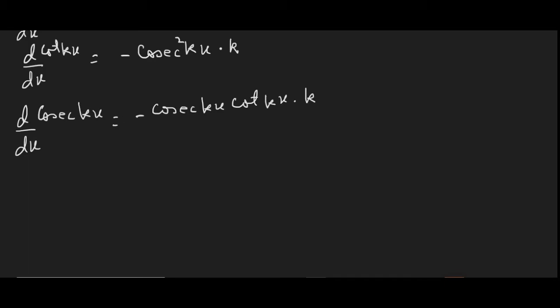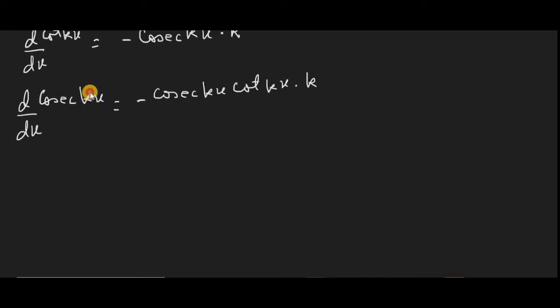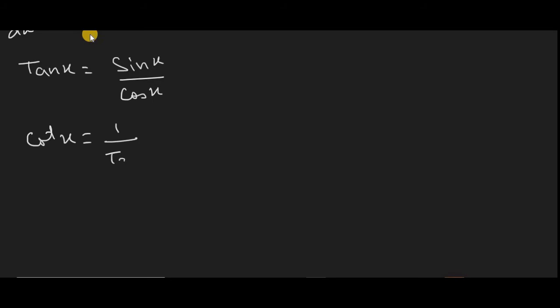Now I'm going to write down the equivalents for some certain trigonometric functions, that is tangent x is equal to sin x over cos x. Cot x, which is the reciprocal of tangent x, is cos x over sin x.